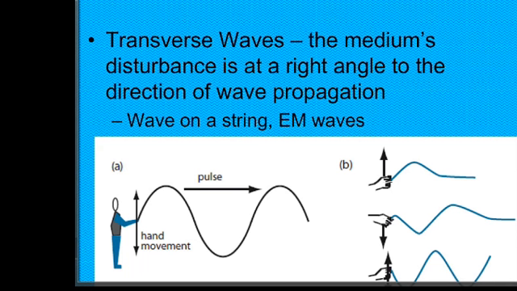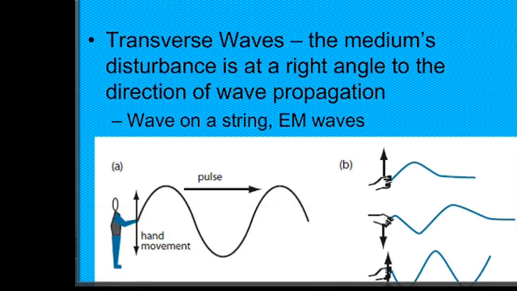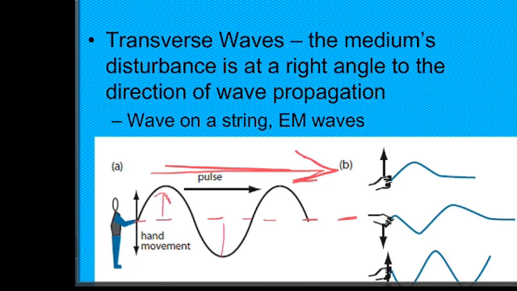To define that, we have our transverse waves. The medium's disturbance is at right angles to the direction of wave propagation. So our wave is traveling here from left to right, but the displacement of the medium itself is up and down, as you can see.